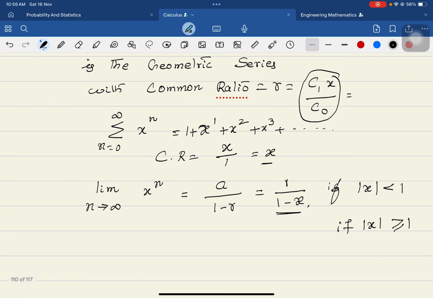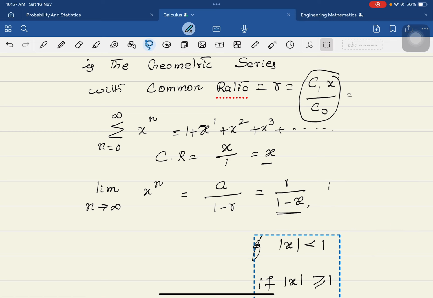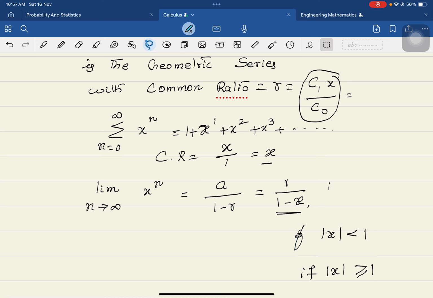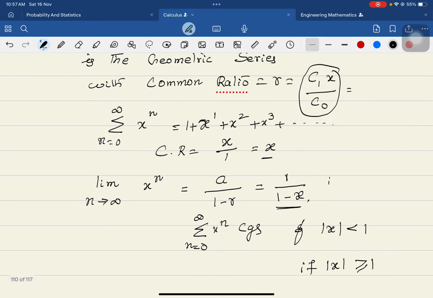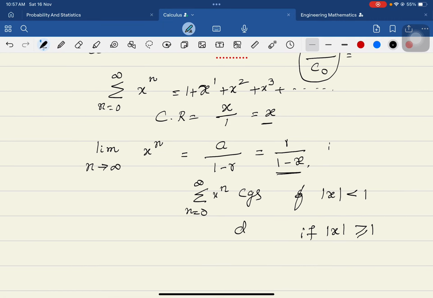So I can write like this: the series summation n equal to 0 to infinity x to the power of n converges if mod x is less than 1, and the series diverges if mod x is greater than or equal to 1.